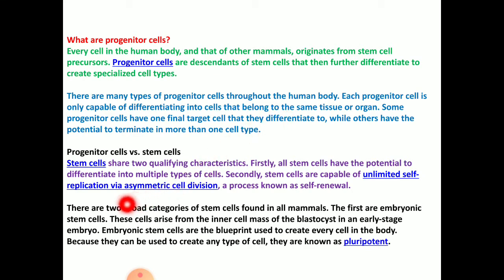There are two broad categories of stem cells found in all mammals. The first are the embryonic stem cells. What are embryonic stem cells?